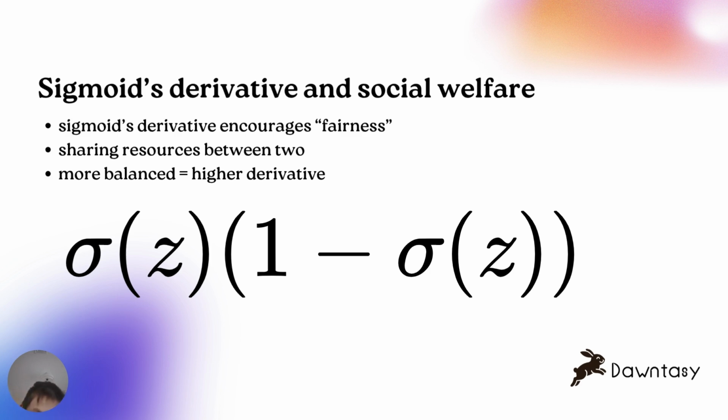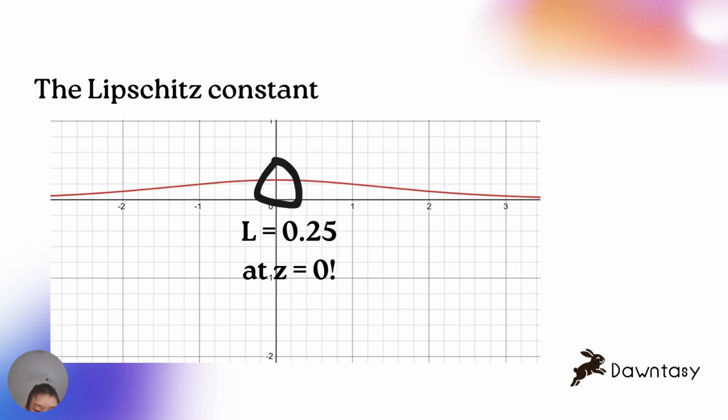And connecting this back to the derivative, we can see that this is precisely like this. If the output of the sigmoid is 0.5, then 1 minus 0.5 is still 0.5. So that would be very balanced. But if it was very low or very high, then the derivative would be small. But let's take that most balanced case one more time. If we have that most balanced case, then as we discussed, that yields a derivative of 0.25, right?